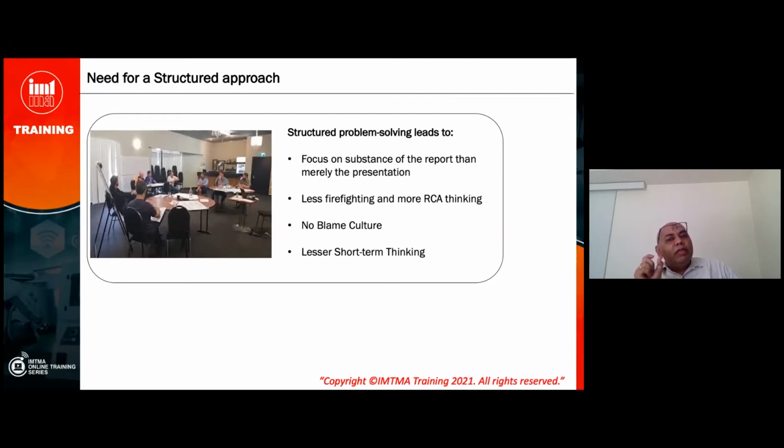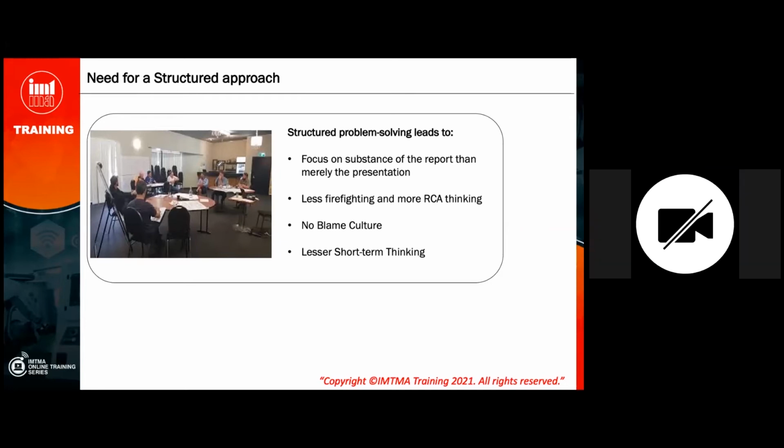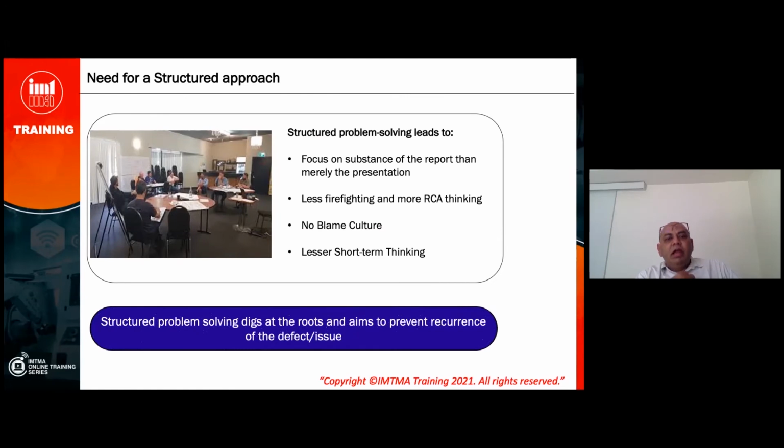There is less firefighting and more of RCA thinking, root cause analysis thinking. There is no blame culture and there is lesser short-term thinking. Generally, this is what I have observed. Structured problem solving digs at the roots and aims to prevent recurrence of the defects and issues.